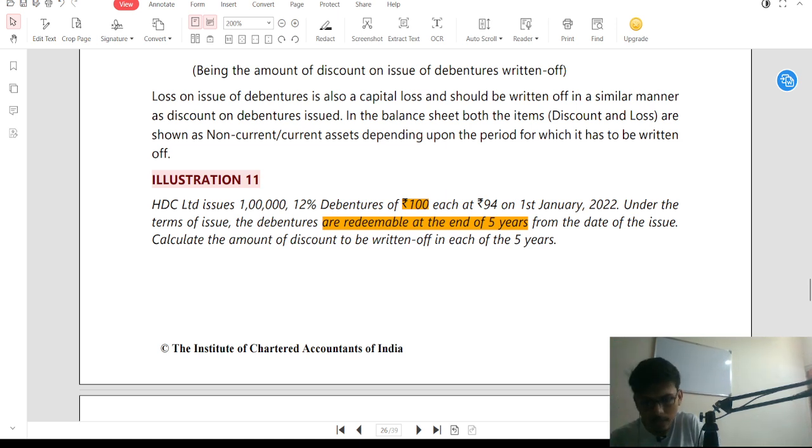तब तक मैं थोड़ा लिख लेता हूं यहां पे बेसिक इंफॉर्मेशन. फेस वैल्यू 100, इशू प्राइस 94, so discount is 6 rupees.